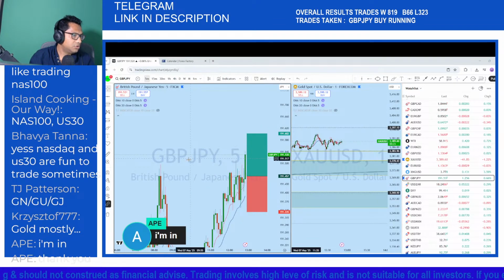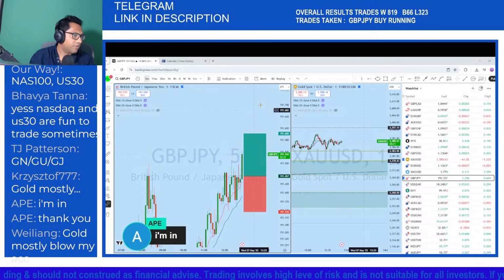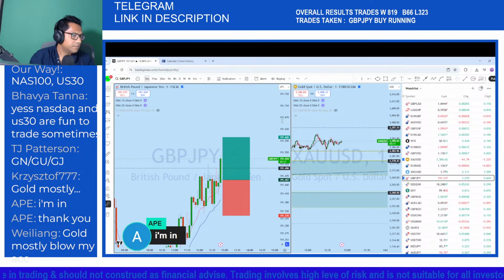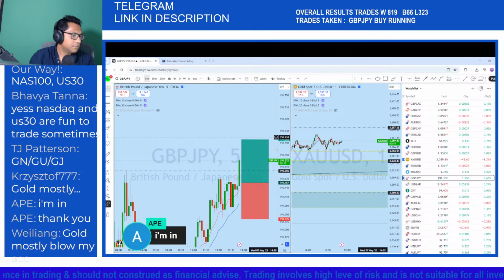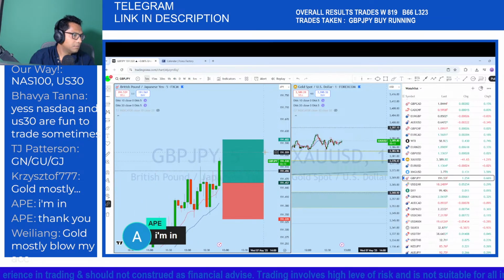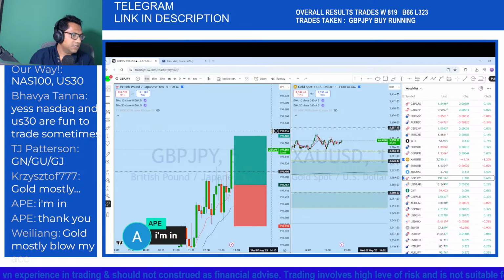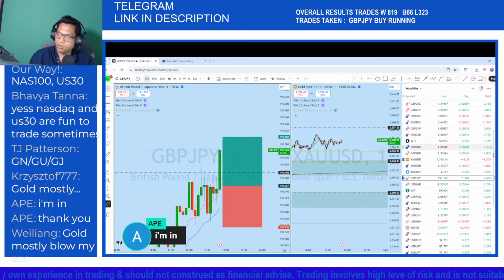So it managed to extend from that resistance line. We can see that it's heading back to the upside. It's almost potentially hitting the TP target.